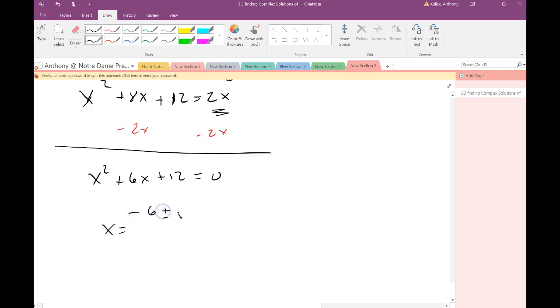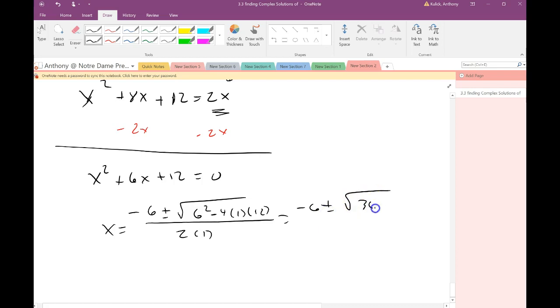x equals negative 6 plus or minus square root of 6 squared minus 4 times a times c all over 2a. That's 36 minus 48 for 2. So I have negative 6 plus or minus the square root of negative 12.